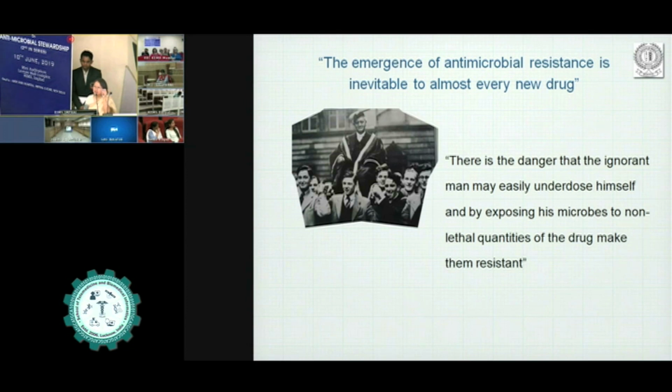In his Nobel Prize acceptance speech, he clearly mentioned, when everyone was so happy with the magic bullet of that time, that there is a danger that the ignorant man may easily underdose himself, and by exposing his microbes to non-lethal quantities of the drug, make them resistant. That he had predicted.